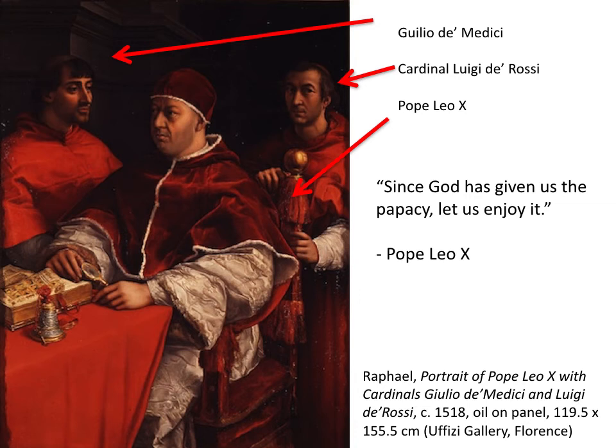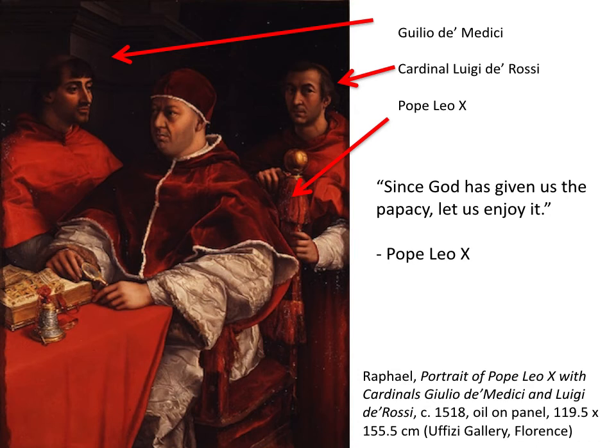Raphael is also using portraits of the Pope to comment on the corruption of the clergy. So Pope Leo X was actually the son of Lorenzo de' Medici. He was known for having wasteful habits and enjoying the earthly pleasures of being Pope just a bit too much, and his actions would actually directly lead to the Protestant Reformation.